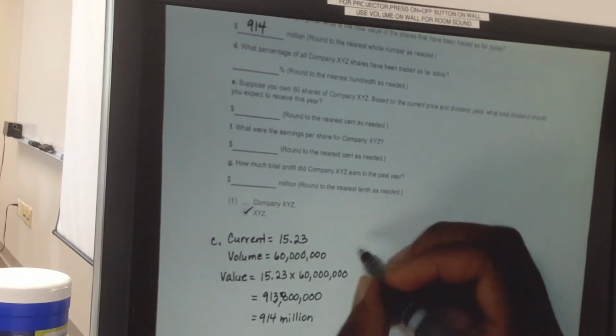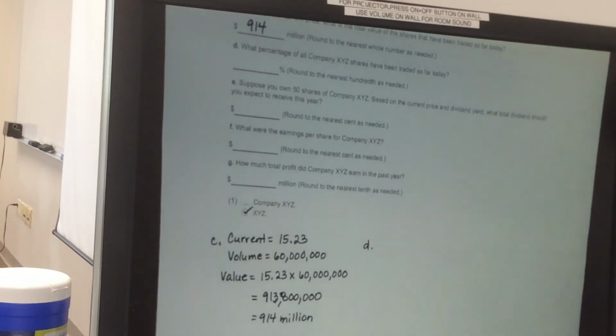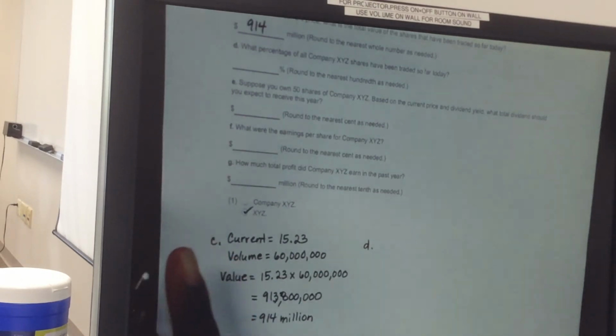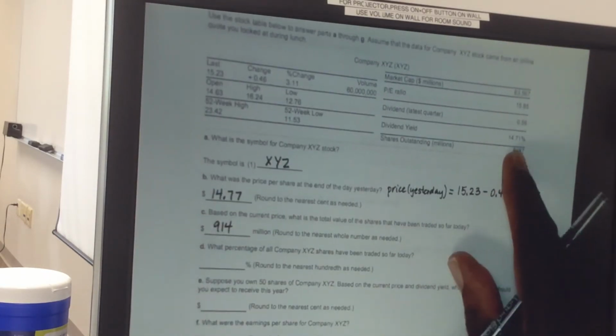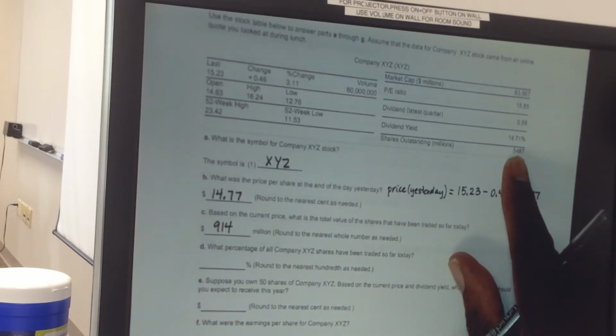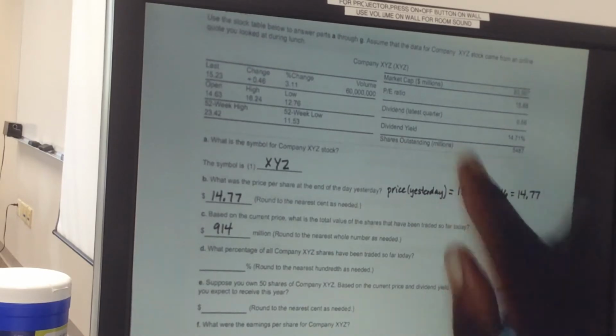Now, part D. What percentage of all company XYZ shares have been traded so far today? Now we have to look at the shares that are outstanding, which is 5,487 in millions.